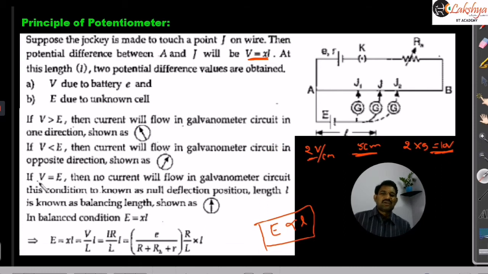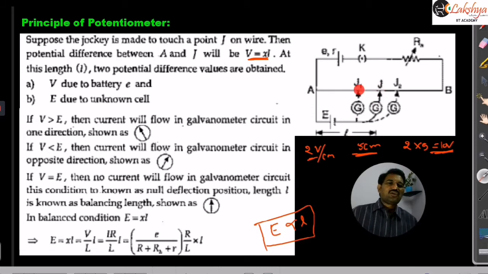So if V is equal to E, then no current flows through the galvanometer. That is nothing but our balancing length or balancing point, which we also call null deflection or the null method. Null means zero. So when contact is made at J, no current flows through it.